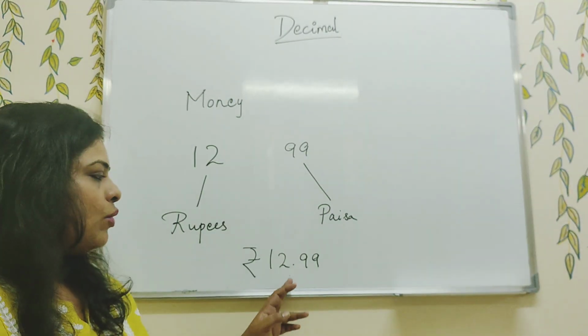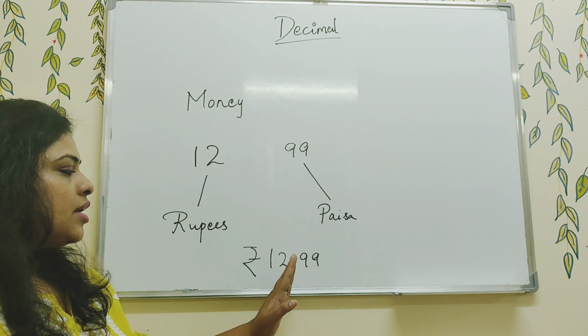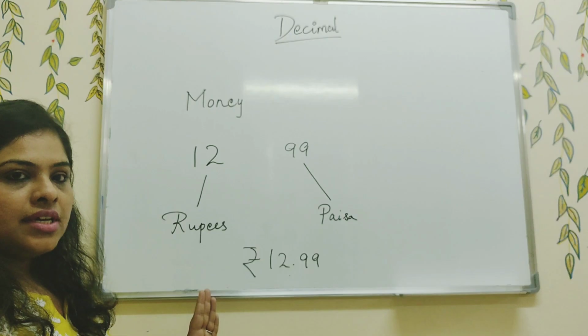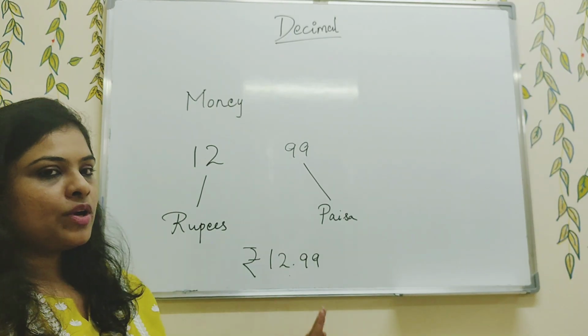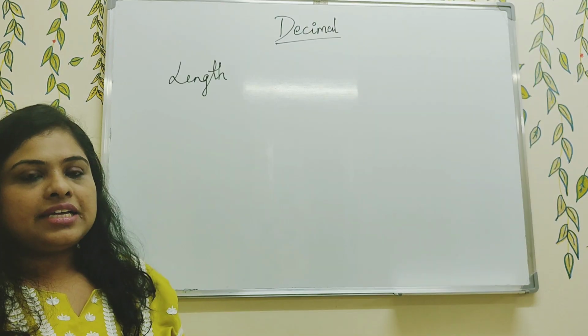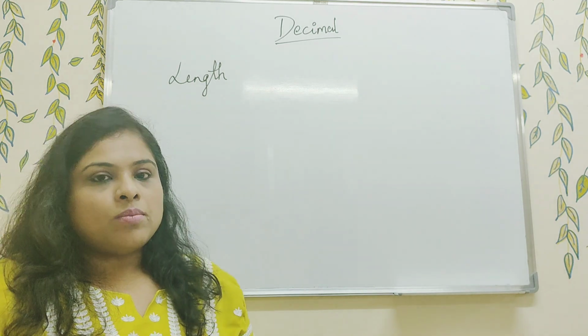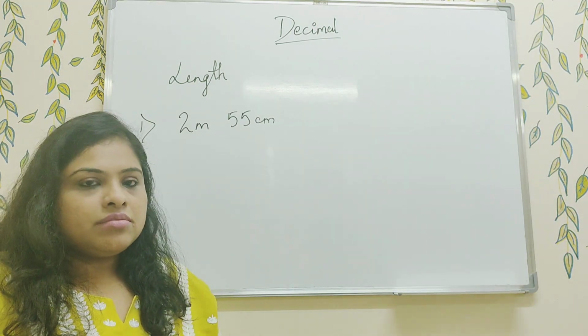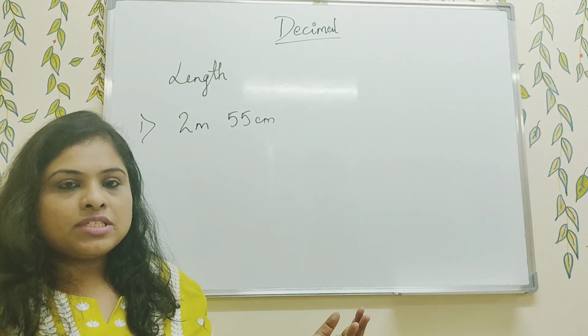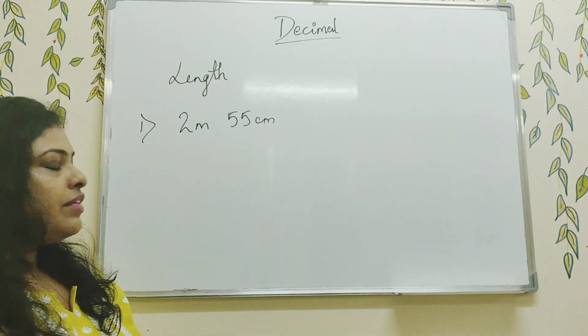You get me? So in 12.99, the number before the point is rupees and the number after the point is paisa. Now the application of decimals using length. Let's take one problem. In your scale, meter scale or normal scale, you will have 2 meters and 55 centimeters.